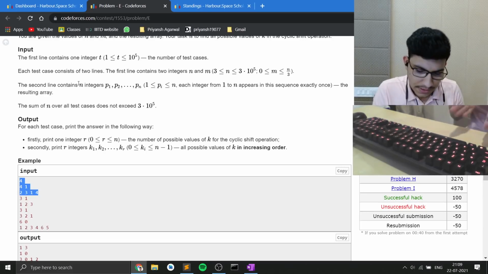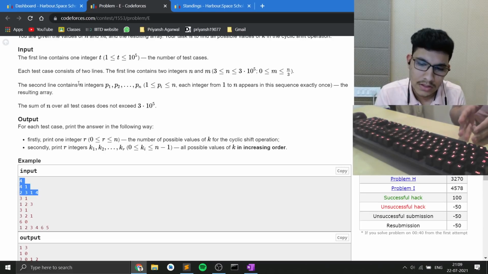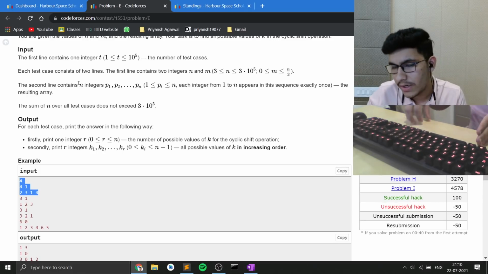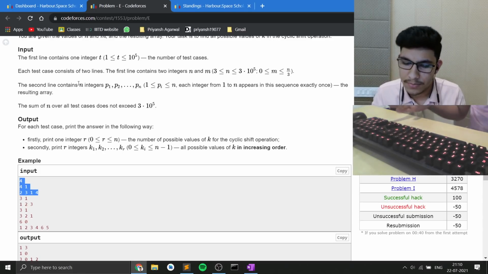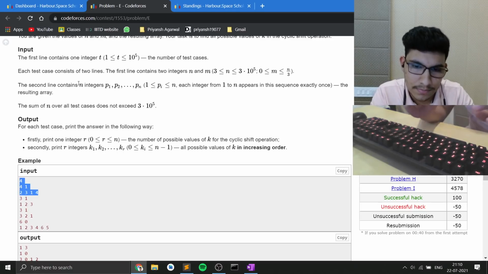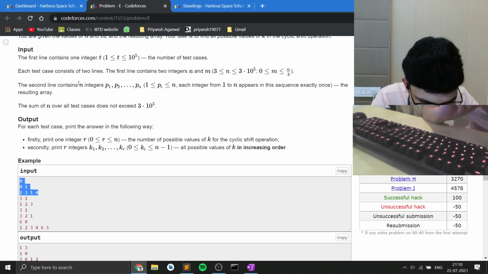So if I just pick one of them and I see along with this number how many others are on the right place, that just makes up one combination. And this should be greater than n by 3. Okay.